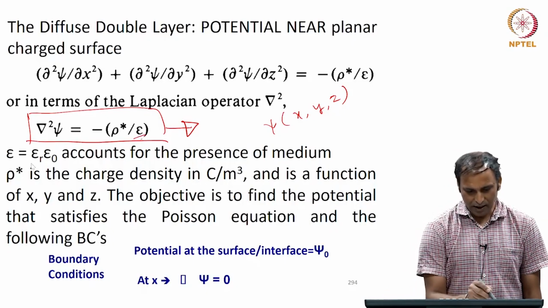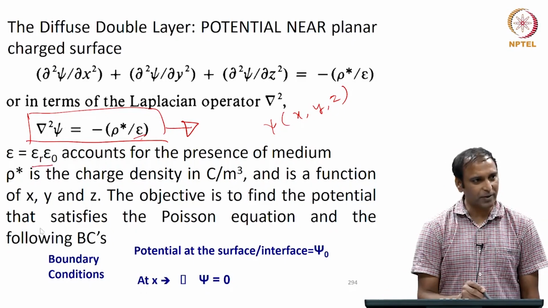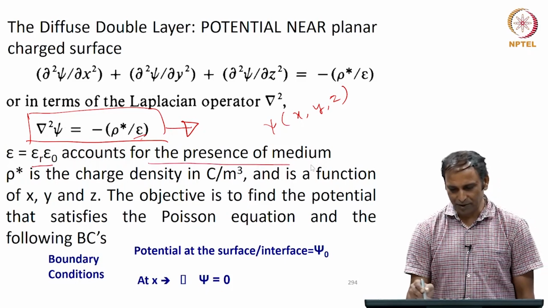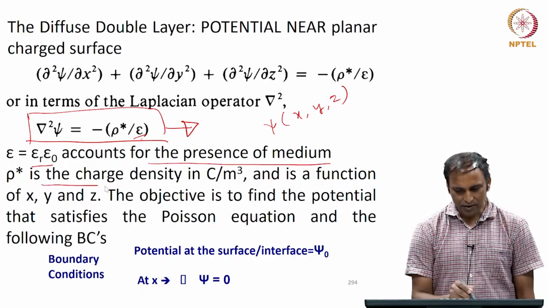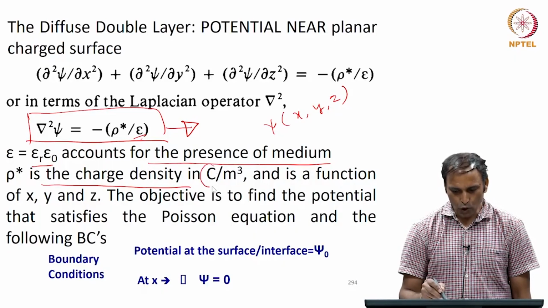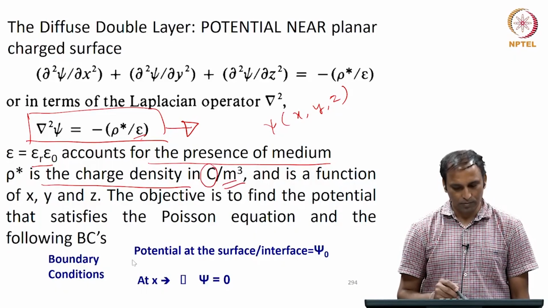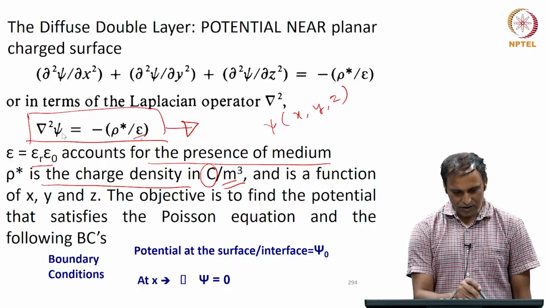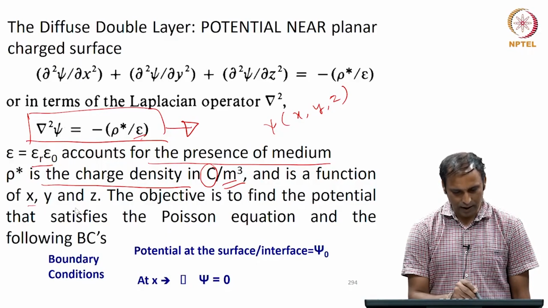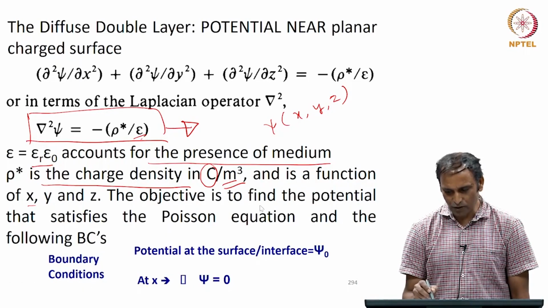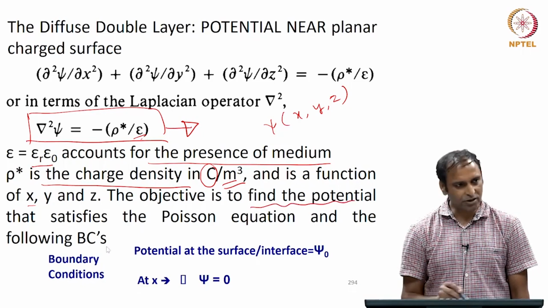Epsilon is epsilon r multiplied by epsilon naught, which accounts for the presence of the medium, and rho star is the charge density, with units coulomb per meter cube. Of course psi is a function of x, y and z. So the objective is to find the potential.